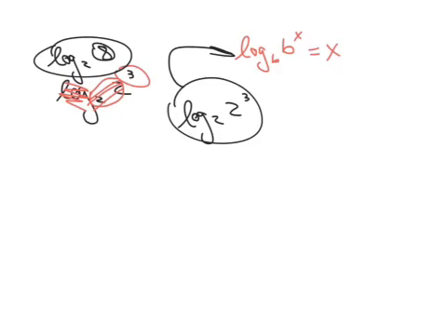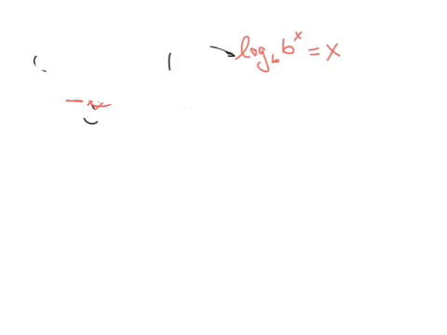So I was able to write it in that format, and then I don't even really have to do any work. So let's leave that particular identity up there. In fact, let's put the other one up there as well. What was it? b to the log base b of x, and that equals x. Okay, so we'll leave those two up there.